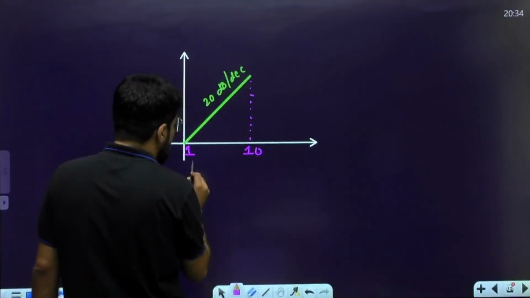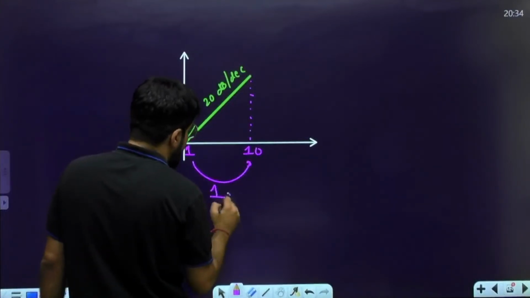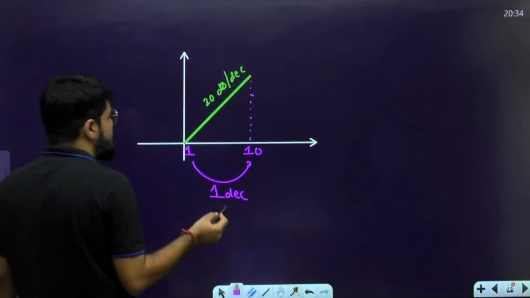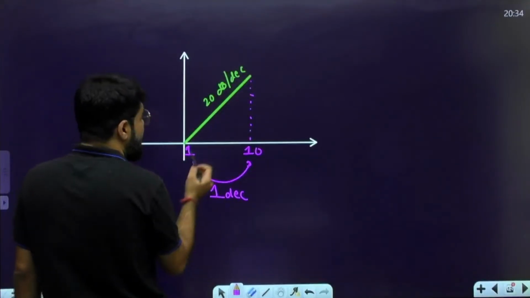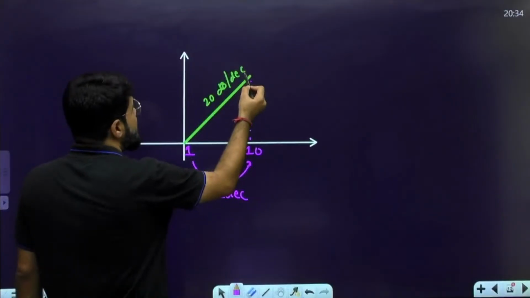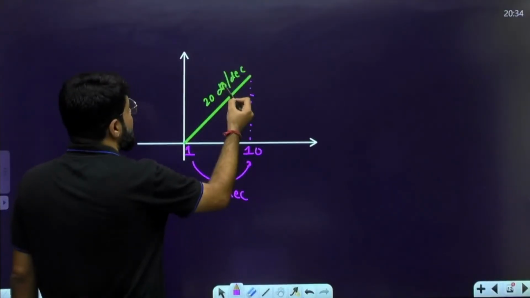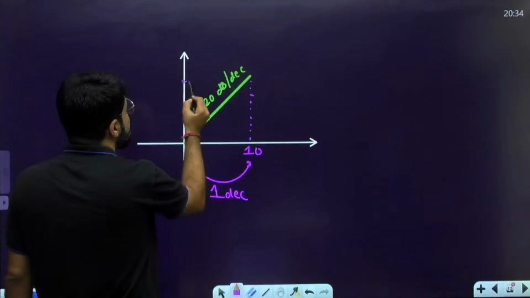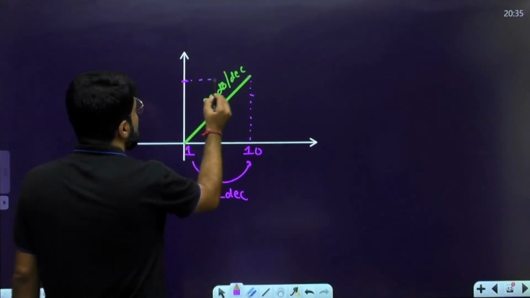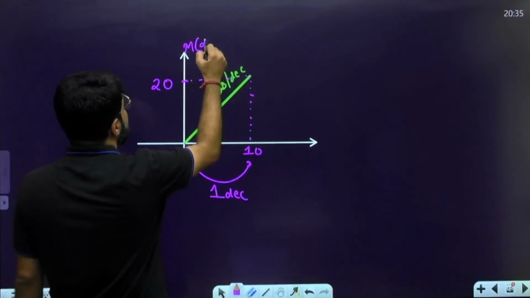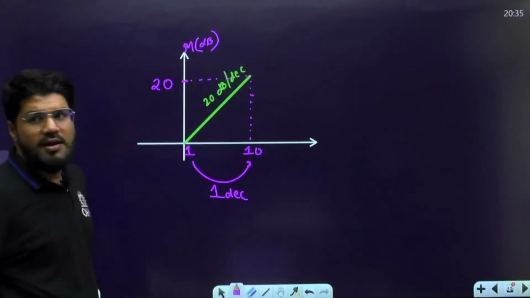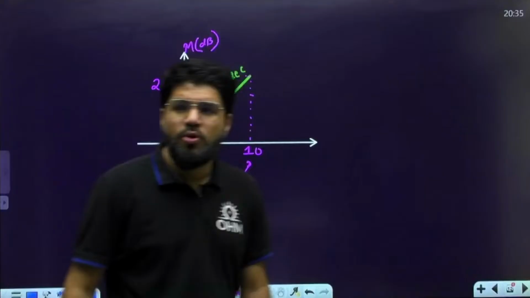A frequency change of 10 times is 1 decade. Whenever the frequency changes by 1 decade, the magnitude should change by 20 decibel. So this magnitude in decibel at this point should be 20. Now for decibel per octave, if you know, you can comment.